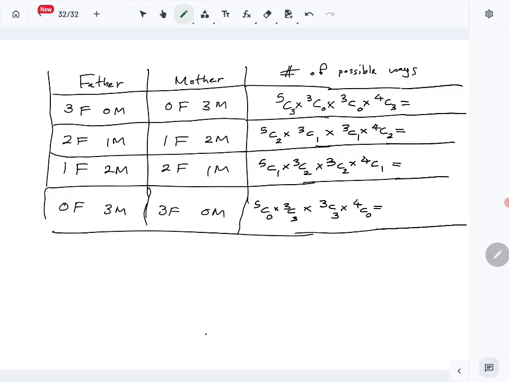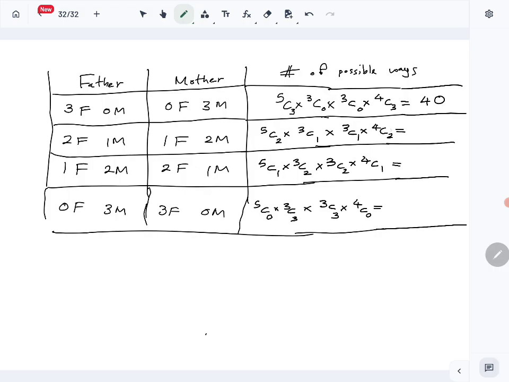5C3 is what? 10. 3C0 is 1. 10 times 3C0, which is again 1, so 10. 4C3 is 4. So 40 possible ways. Then the next one, 5C2 is 10 again. 3C1 is 3. 3C1 again 3. So 10 times 3 times 3, 90.